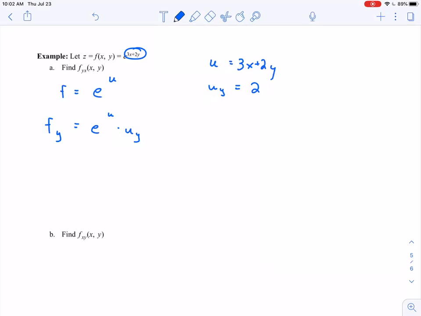I don't think that's as necessary, and I'll explain why in just a second. So right now I have the first order partial derivative. This is equal to e to the 3x plus 2y times u sub y, which is 2. Maybe I'll rewrite that as 2e to the 3x plus 2y power. So here's my first order partial derivative.